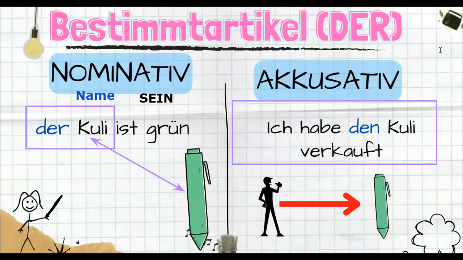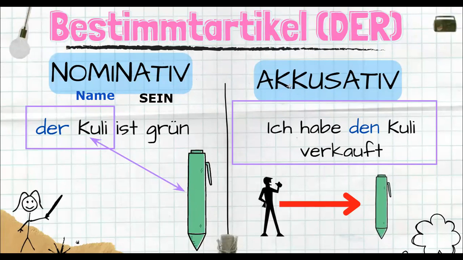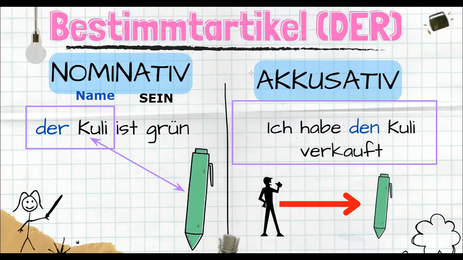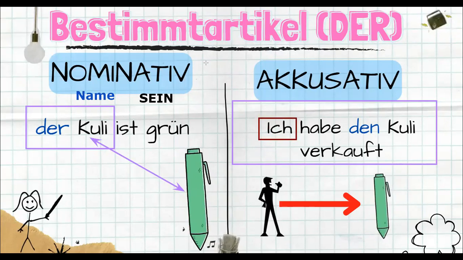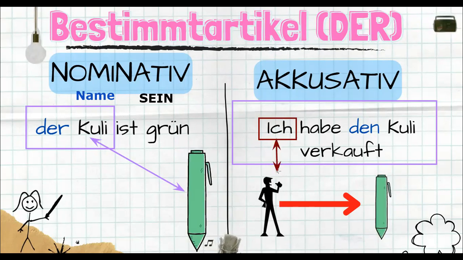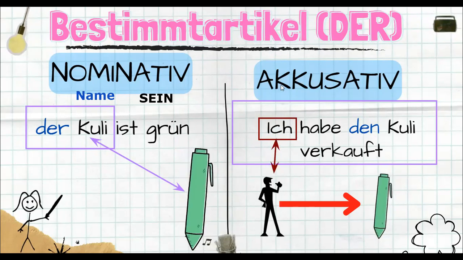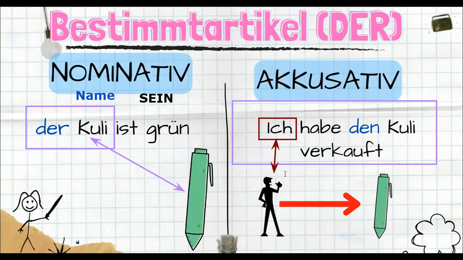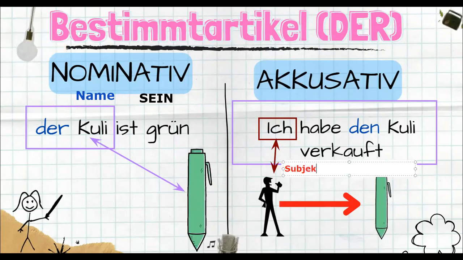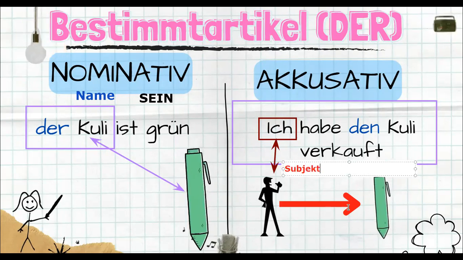So, can you remember, guys, there is a subject. There are two particular elements, and thanks to those elements, accusative is able to exist. One of them is the subject, right? So thanks to the subject, we have an action, remember?